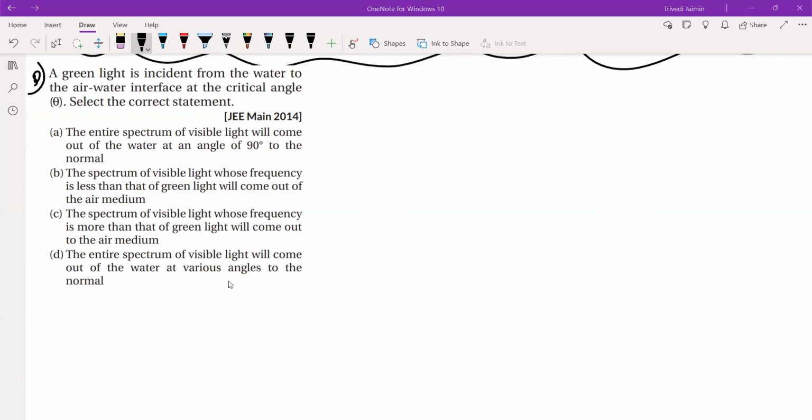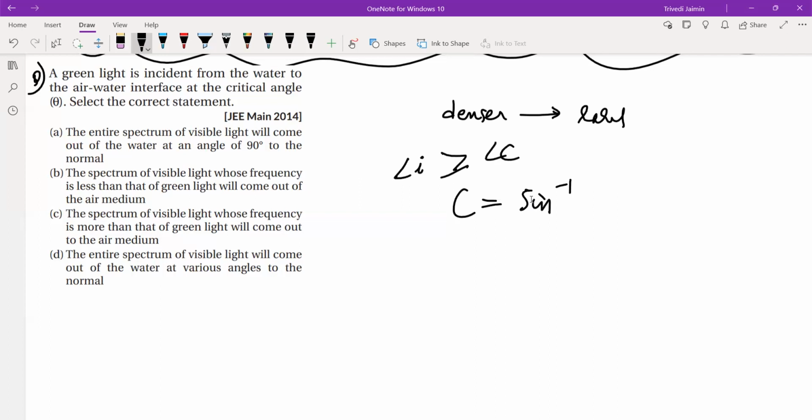Remember, it should travel from denser to rarer. Remember those points. Then the critical angle should be less than or equal to the angle of incidence. Angle of incidence should be greater than or equal to the critical angle. Formula: C equals sine inverse of mu rarer by mu denser.